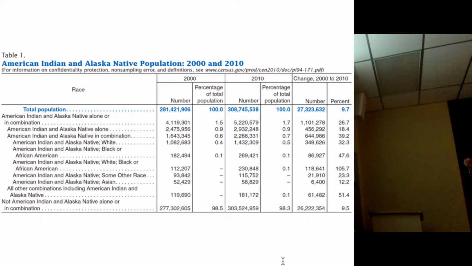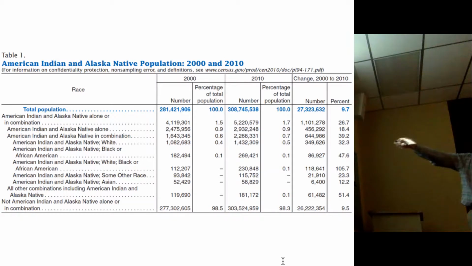Now compare that to the American Indian population. Which one should we look at here? There's American Indian and Alaska Native alone, or in combination. This is not very many people. But the primary group, not American Indian and Alaska Native alone or in combination, is 277 million.